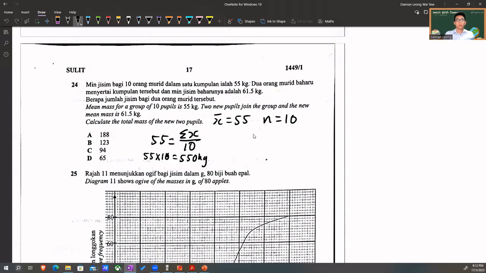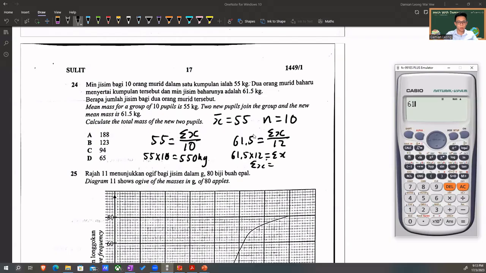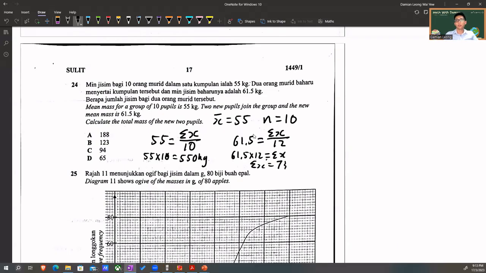So the mean is 61.5. Sum of values, now there are 12 people because extra 2. So 61.5 times 12 is 738.